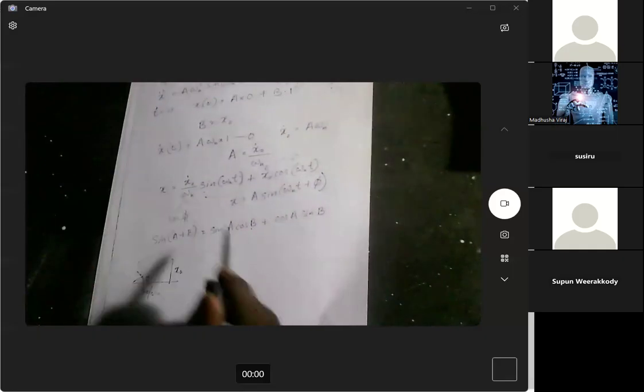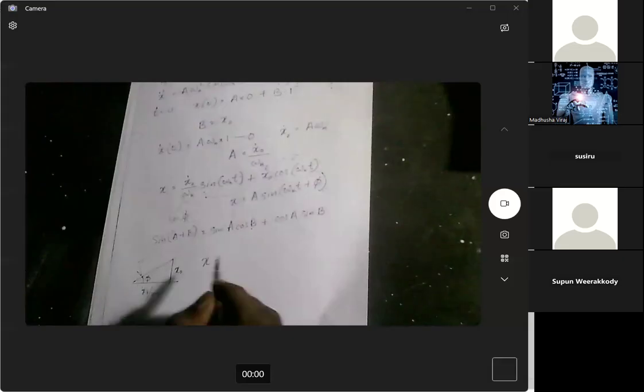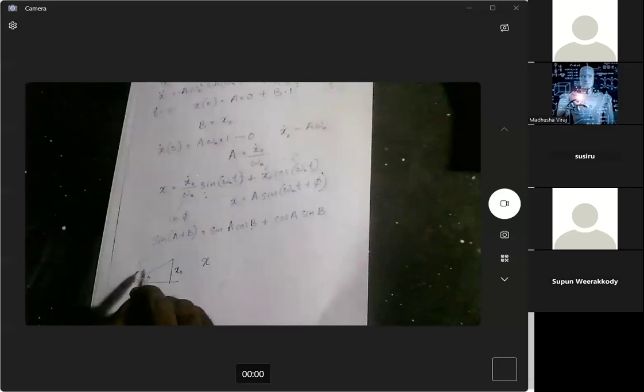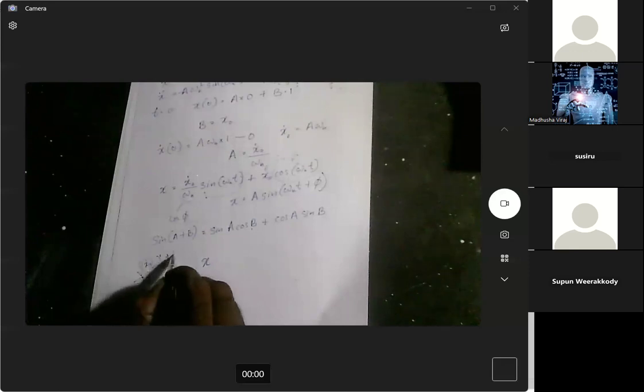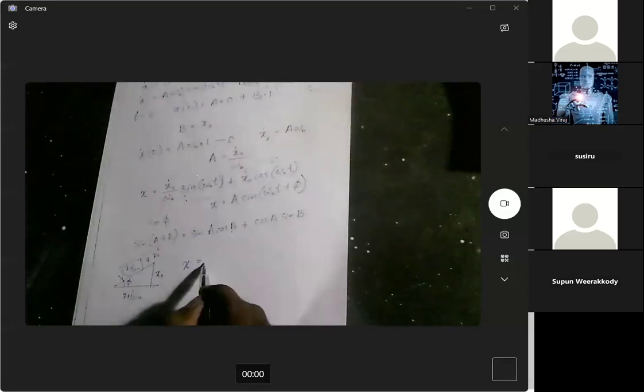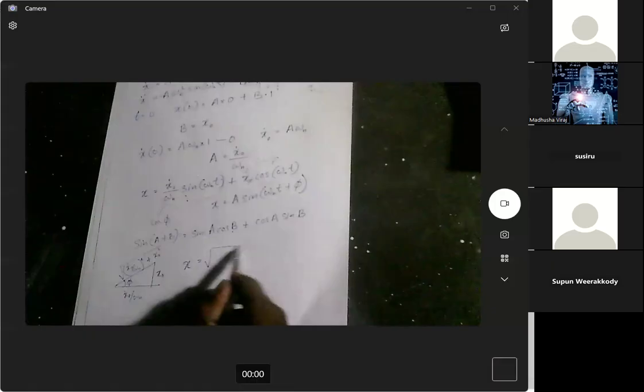Then once you have that, we end up with x. Since we have this additional term, which is how much? x dot naught over omega n, all things squared, plus x naught squared, right? So I'm going to take it out.